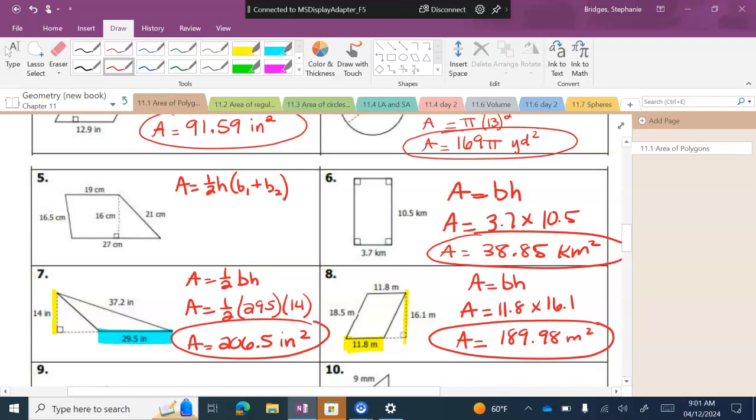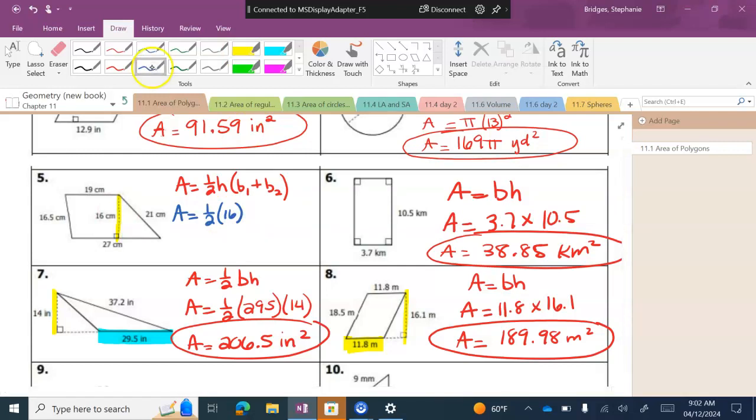Again, the height is always going to be perpendicular to the base. What is the height in this picture? What segment has perpendicular on it? 16.5, 19, 27, or 21, or 16? 16. Okay, so my height is this part right here in the middle. It is perpendicular to my bases.